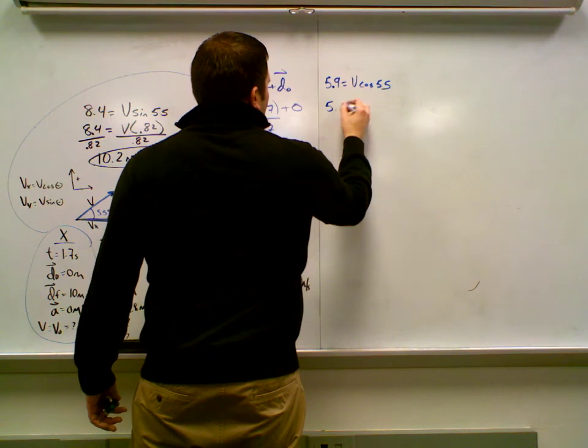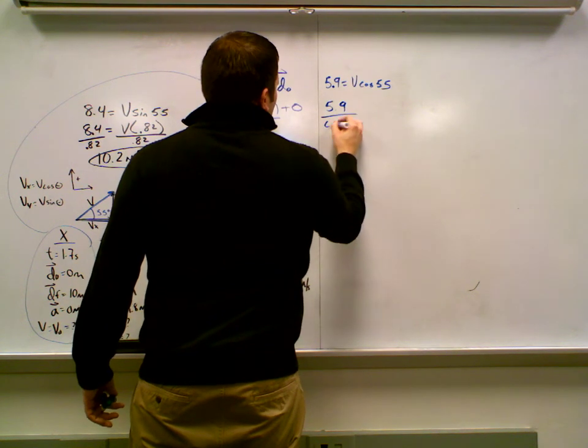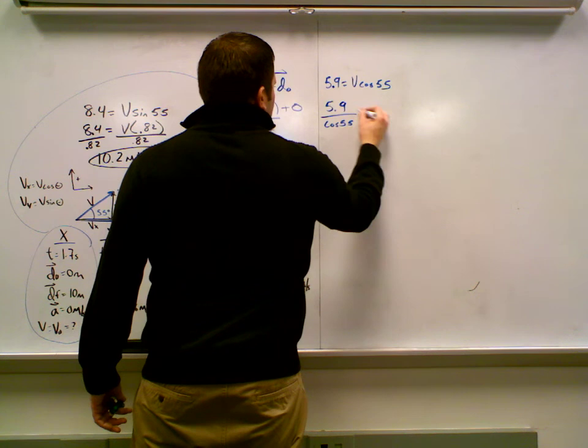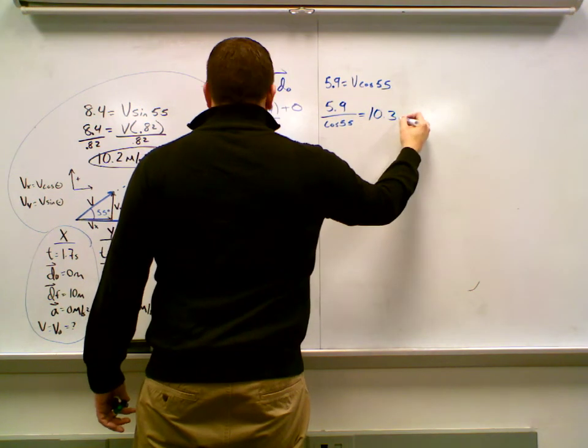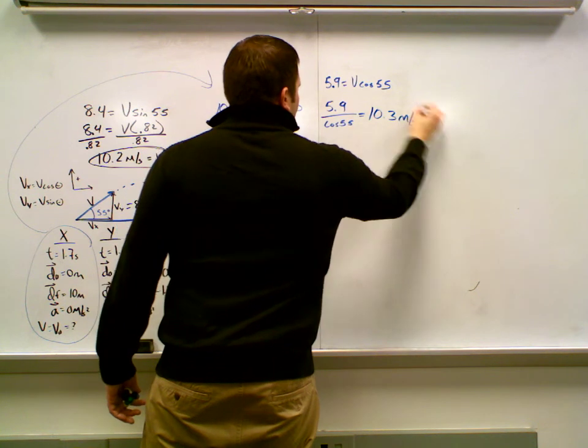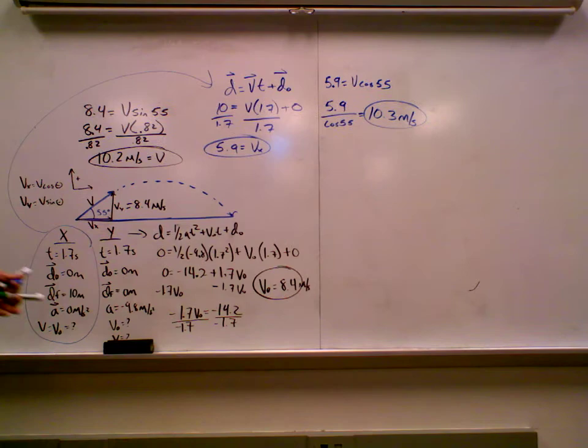So 5.9 divided by the cosine of 55, whatever that number was. You said it was what, Omer? 10.3? Okay. So they're approximately the same. Close enough. Why would they be a little off? Because this one we rounded and that one we just divided by.